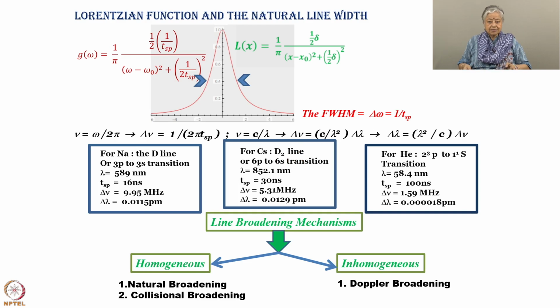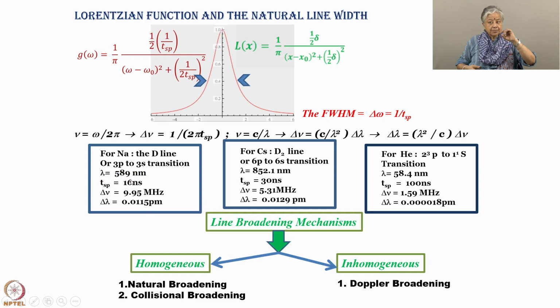So, all these in the blue structure, if you see, I have just given it for comparison, and the units that are generally used to define the line shape functions and to define the full width half maximum, and it is a good comparison. See, for example, for the sodium line, which is the D line, or the 3p to 3s transitions, lambda is equal to 589 nanometer, tau sp is equal to 16 nanoseconds.